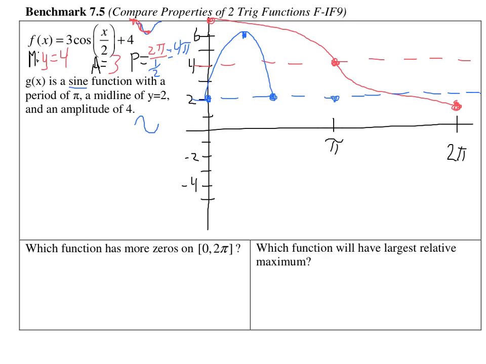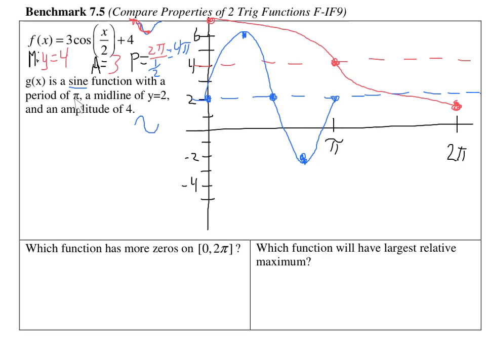And then we're also, right here, going to go 4 down. So now we're right there. That is one interval, one cycle of my sine graph.